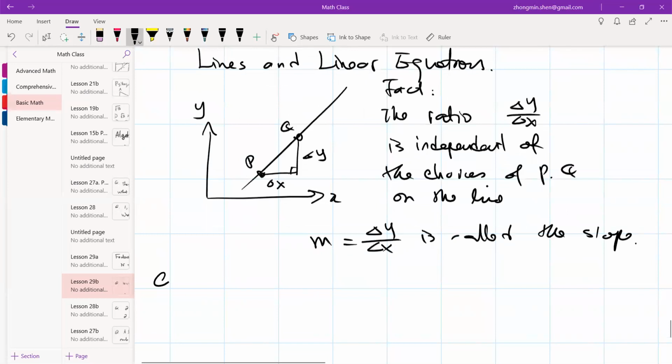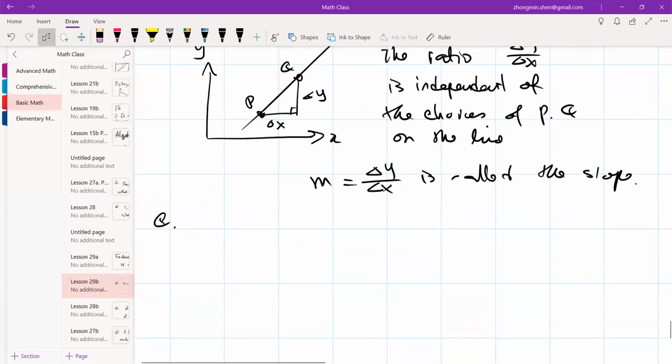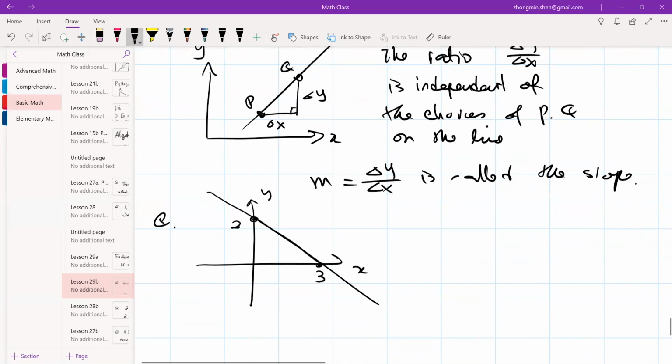All right, so here's a question. You have a line passing through those two points. What is the slope?